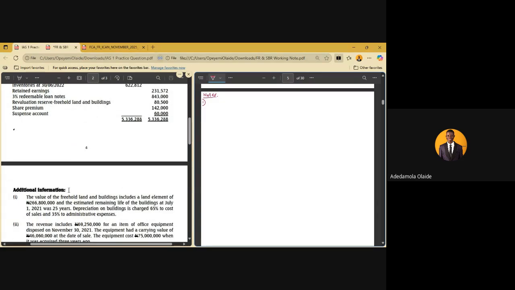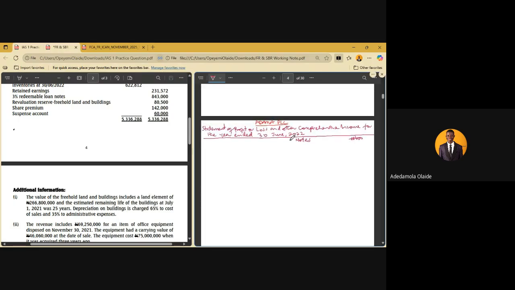The first additional information says the value of freehold land and building includes a land element of 266,800,000 and the estimated remaining life of the building as at July 1, 2021, being the beginning of this period we are preparing for. If we are preparing for the year ended 30th June 2022, it would have started 12 months before, which is 1st July 2021. And the estimated remaining life is 25 years.